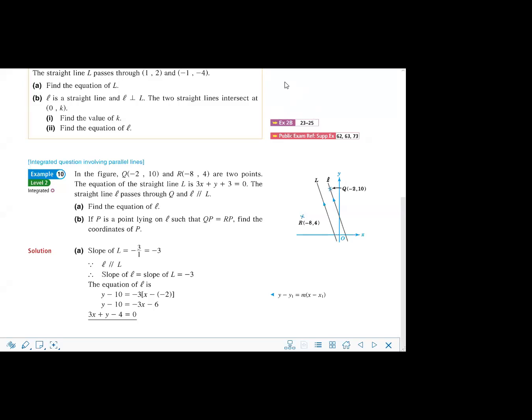And then you need to use the point slope form to write down the equation of the straight line, okay? And then the second direction is that the question gives you the equation of the straight line and asks you to find the x-intercept, the y-intercept, and the slope, okay? And then you need to do some simple calculation, and you can find those three important elements, okay?